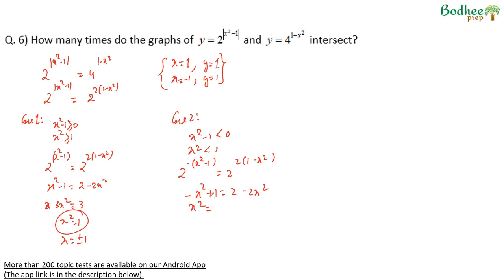Minus x square plus 1 is equal to 2 minus 2x square. This gives x square is equal to 1.